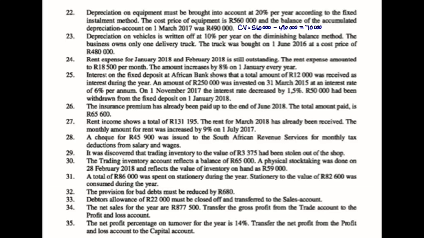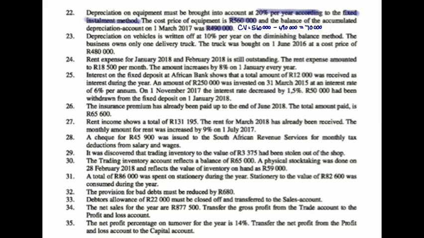Number 22. Depreciation on equipment must be brought into account at 20% per year according to the fixed installment method. That's the cost price method. So the cost price of the equipment is 560 and the balance in the accumulated depreciation account is 490 as at the beginning of the year. So 560 minus 490 gives you a carrying value of 70,000.